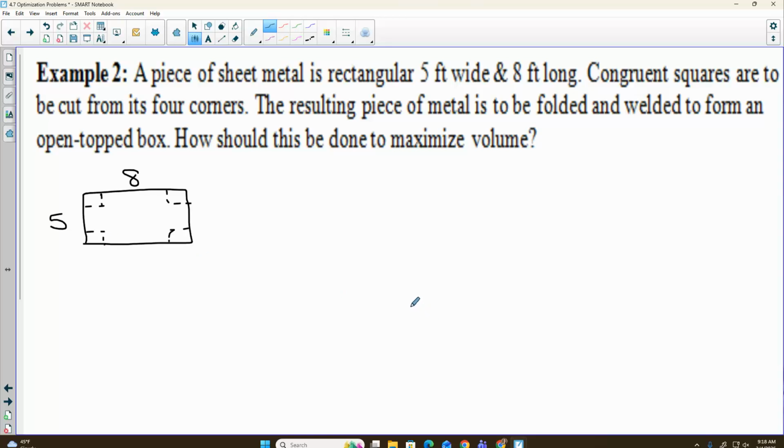The resulting metal is to be folded and welded to form an open-topped box. So what happened is we cut this square out, and it's essentially left me with tabs right there. So then if we fold those 4 tabs up, we get a box.